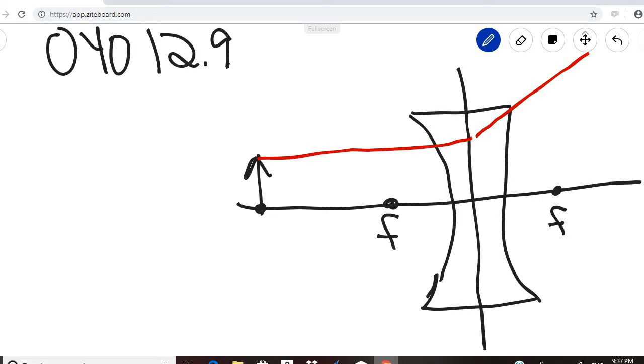It's going to go from here as if it's going to go toward that focal point, but then it's going to exit horizontally.